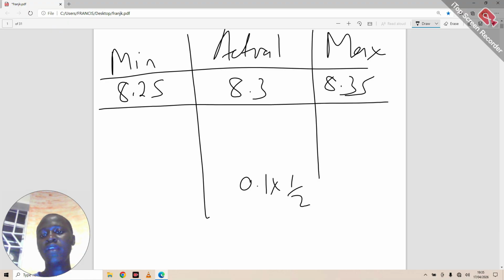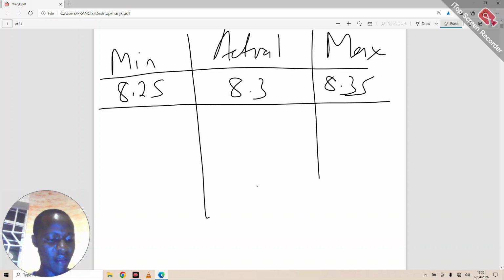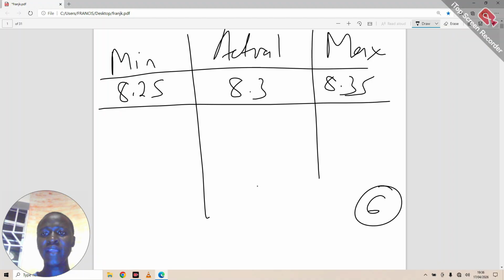I hope you are having your calculator, just a matter of confirmation. I may make some errors in the process. Now, remember, they want us to get the maximum percentage error in calculating the hexagon's perimeter. We've seen that a hexagon is a six-sided figure. That means to get the perimeter under the column of maximum, we multiply by 6, or we add it six times. So take 8.35 by 6 to get 50.1.